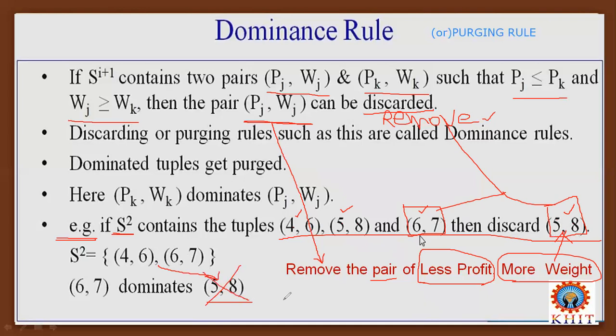So this is called the dominance rule. While filling the knapsack with a pair of values like profits and weights, always try to remove the pair of values with less profit and more weight, identified in the given S^1 or S^2 or S^3 or S^4.